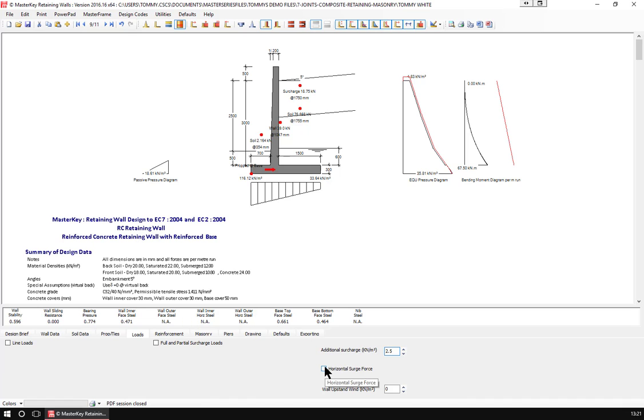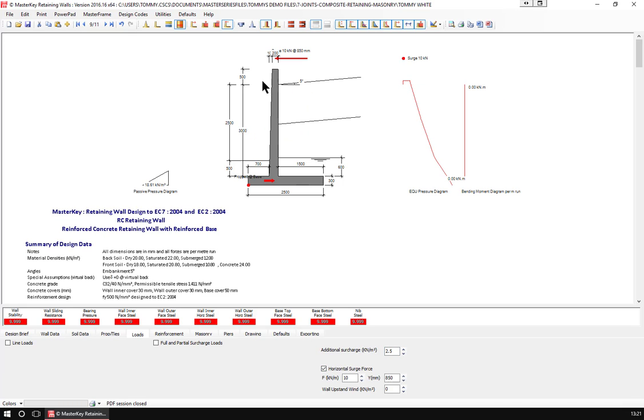You can also put a horizontal surcharge, and that horizontal surcharge can be a 10 kilonewton load at 850 up, which is a normal handrail load, or it could be something more substantial. Bear in mind this is the load per meter of the wall. All these loads are per meter of the wall.